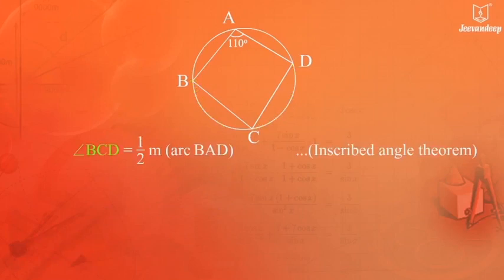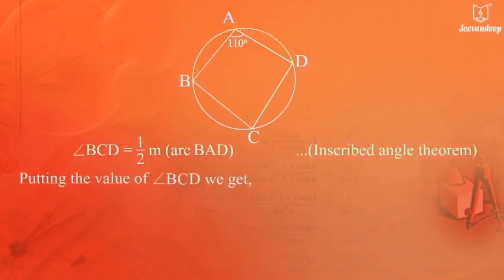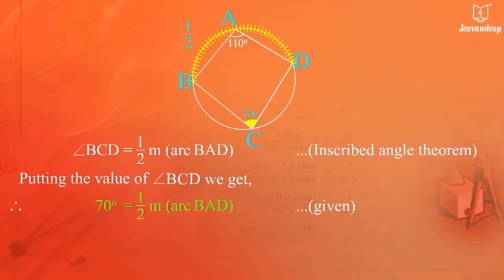Measure of angle BCD is equal to 1 upon 2 measure of arc BAD, by the inscribed angle theorem. Putting the value of angle BCD, we get 70 degrees is equal to 1 upon 2 measure of arc BAD.